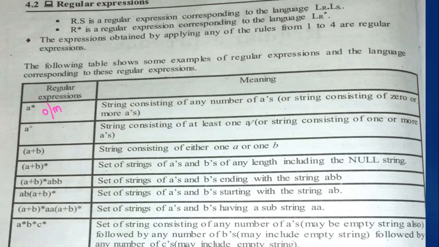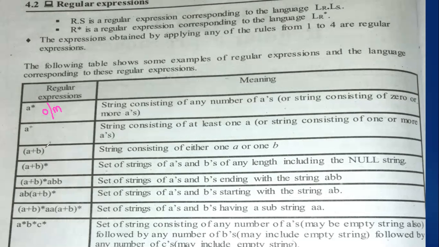Then later, A plus B within a bracket, if we are having. If you remove the bracket also no problem, because after that we don't have any operator over here. A plus B within a bracket is a string consisting of either one A or one B. Observe it very carefully. A plus B states A or B exactly, not both.